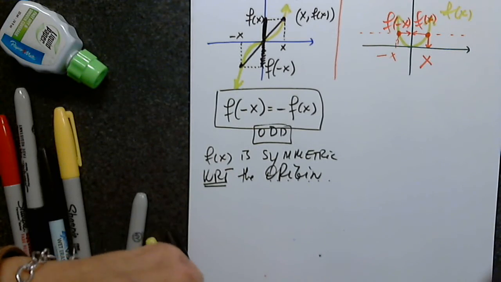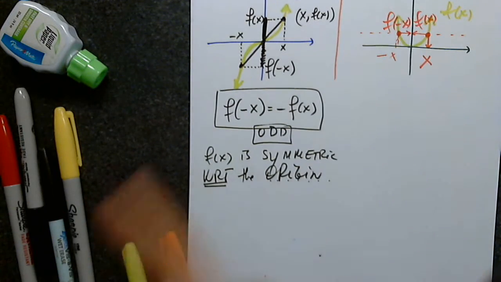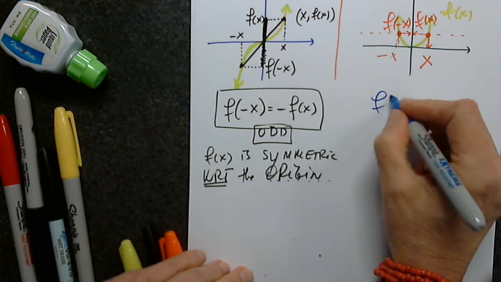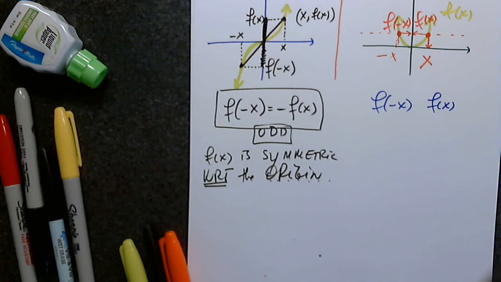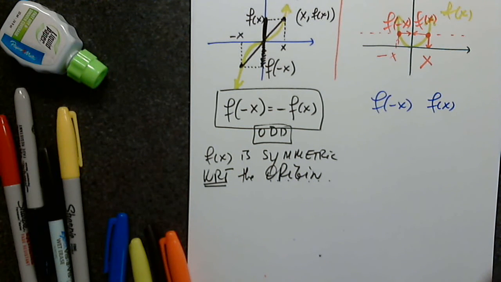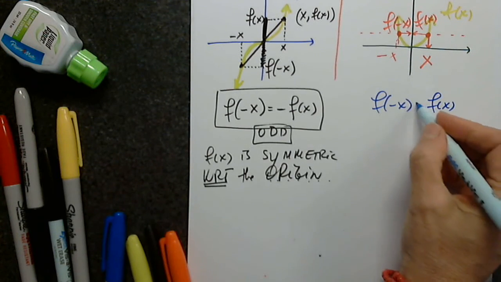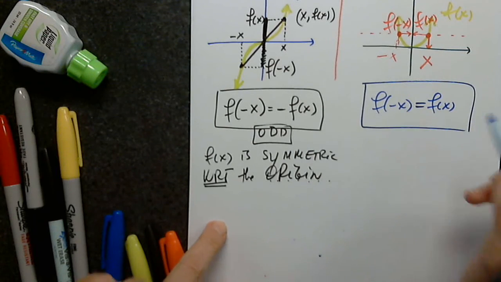Now I would like you to tell me what is the relationship, for an even function, between f of negative x and f of x. Look at the graph and draw a conclusion. Are they opposites? No. They're symmetrical. They are equal to. Of course, they are the same value.